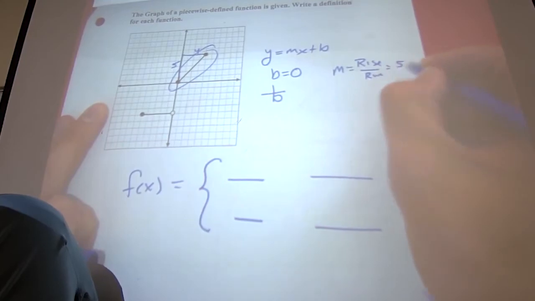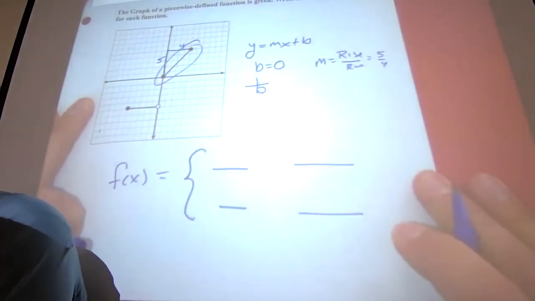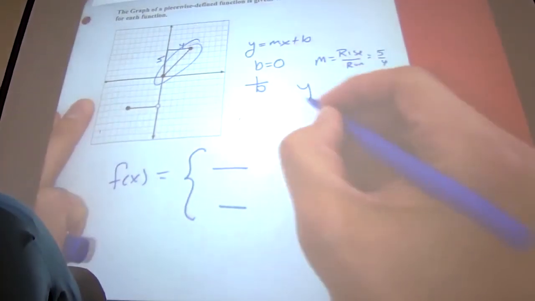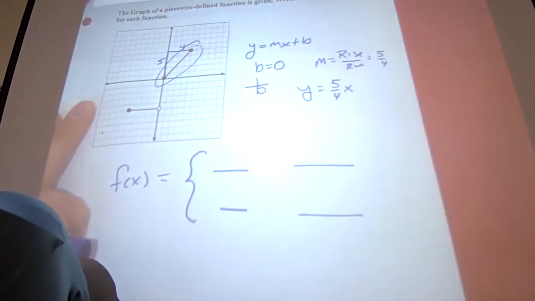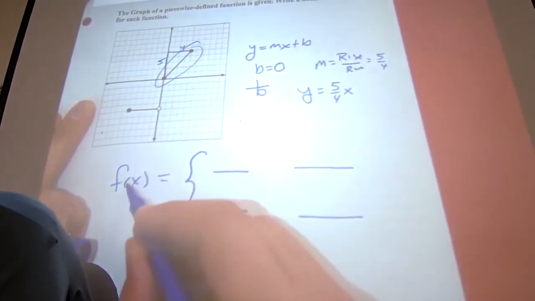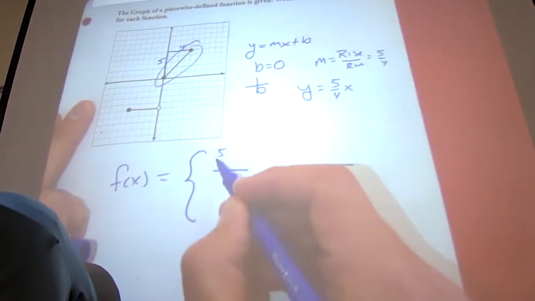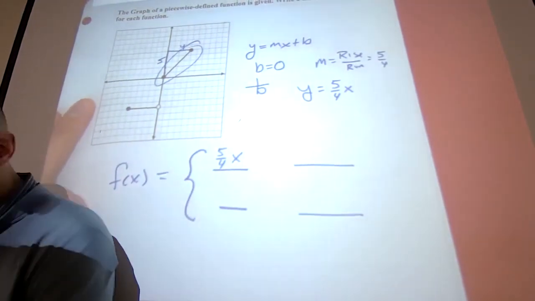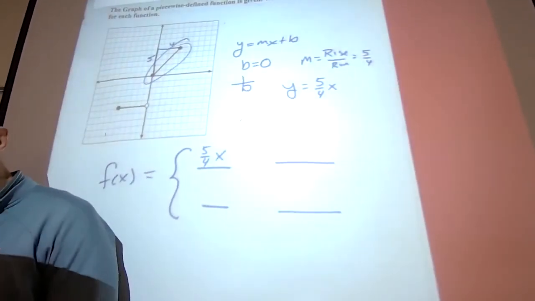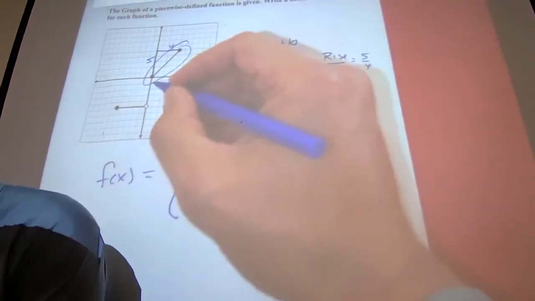I got 5/4. So if I write that equation, I've got y equals 5/4 x plus 0, which is y equals 5/4 x. Now I have to decide where this thing is going from. So the idea is the x values.